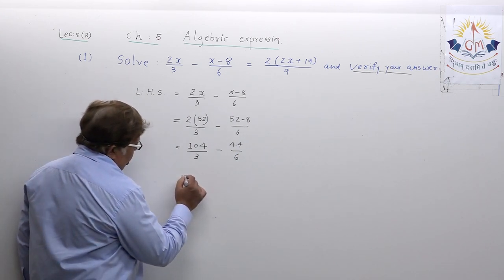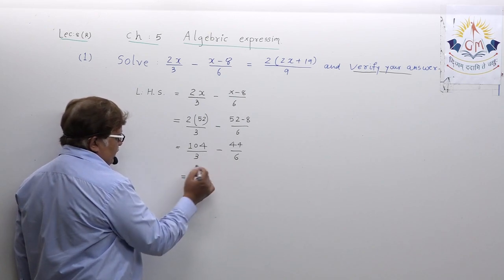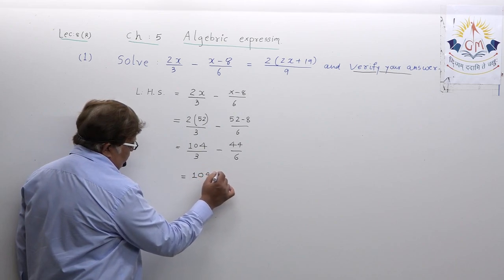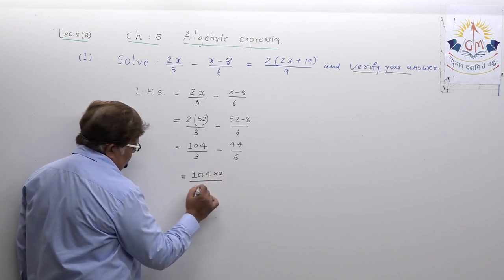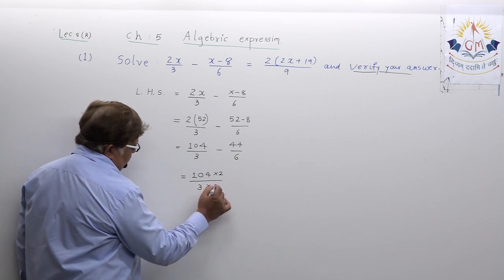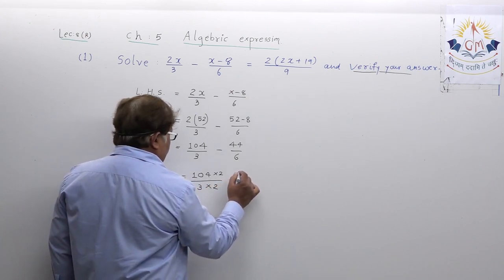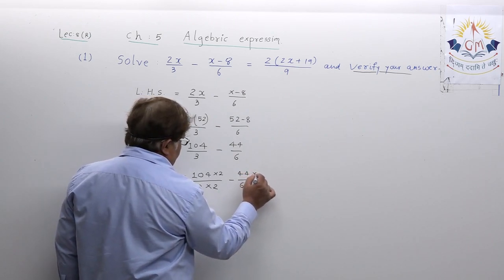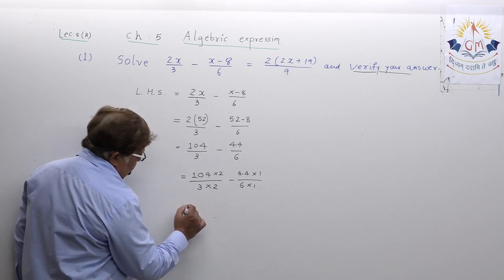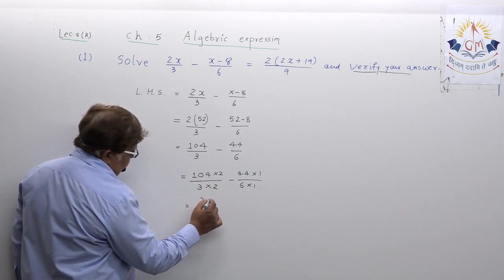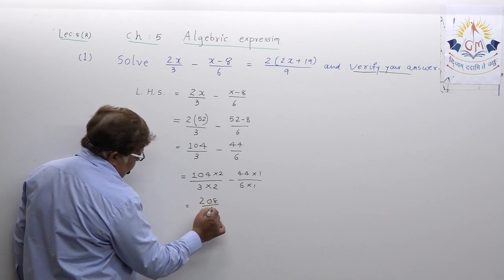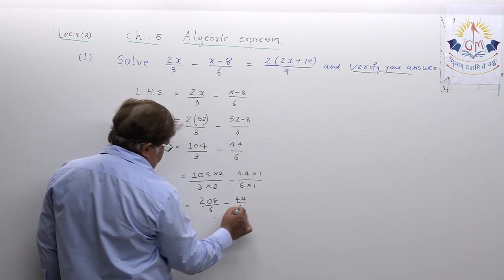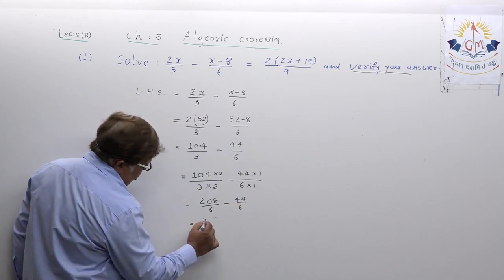Now, dear student, take the LCM of 3 and 6, that is 6. Multiply accordingly. 2 into 104 upon 3... 2 into 104, that is 208 upon 6, minus 44 upon 6.